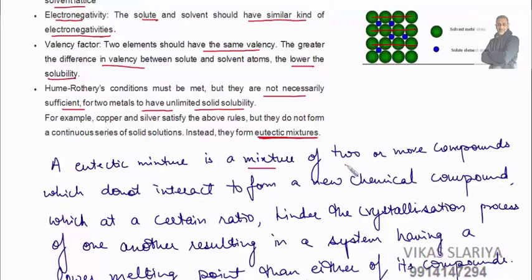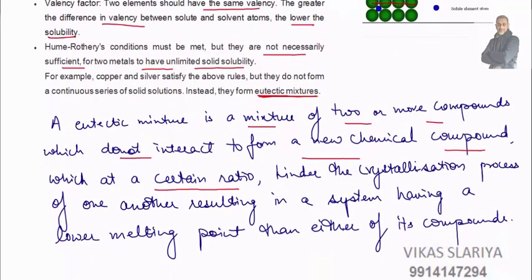It is a mixture of two or more compounds which do not interact to form a new chemical compound, which at a certain ratio hinder the crystallization process of one another, resulting in a system which will have a lower melting point than either of its compounds.